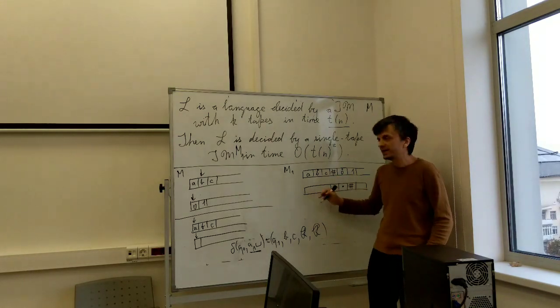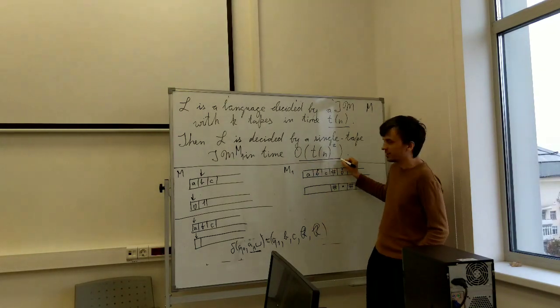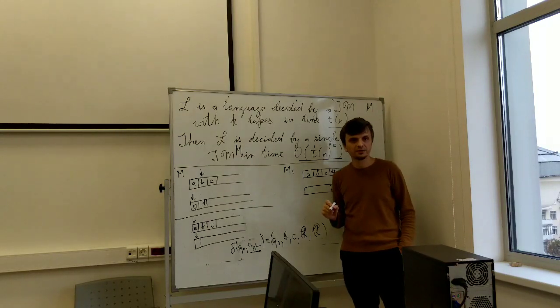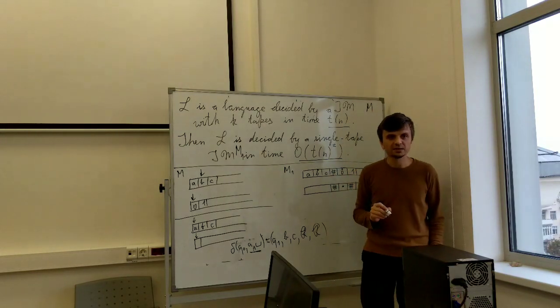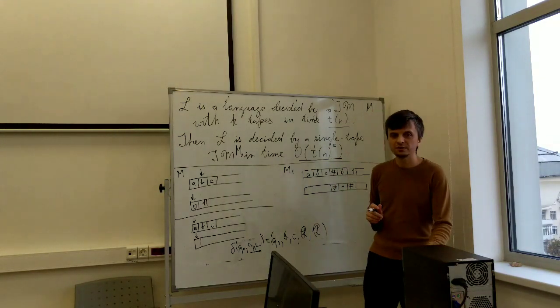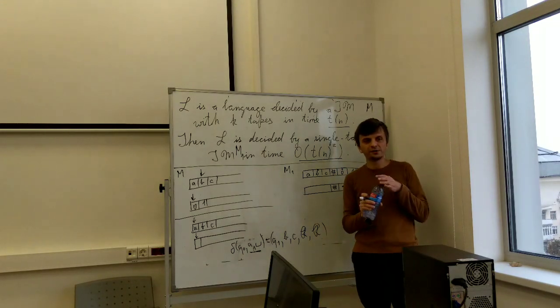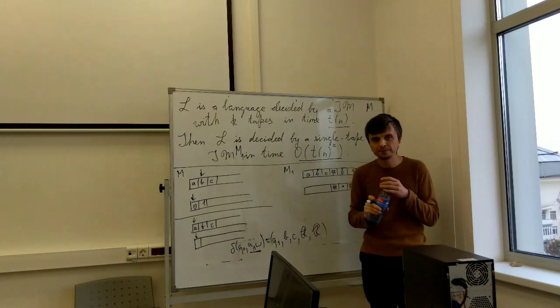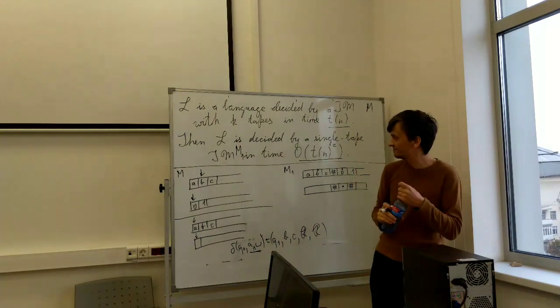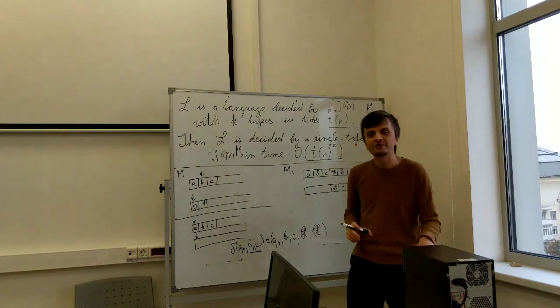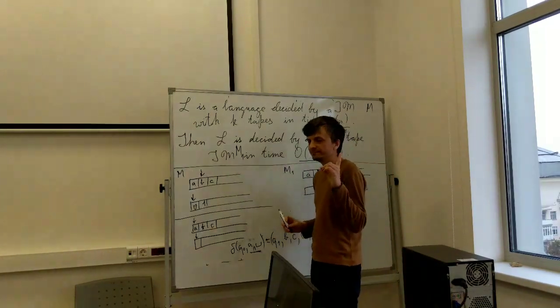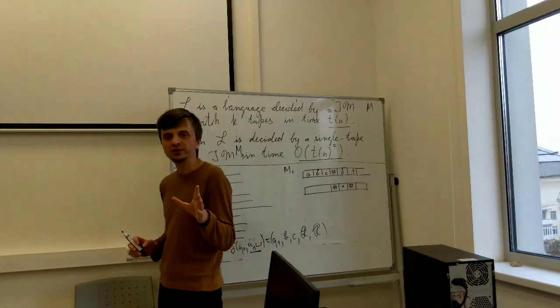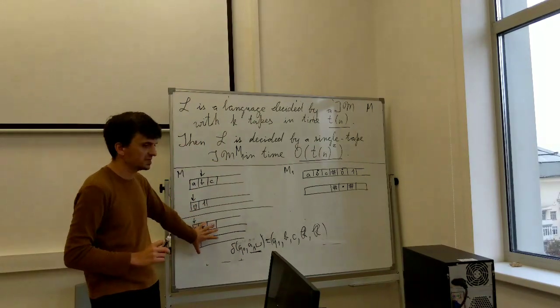Right, so this is the simulation. Why does it run in time T of n squared? Can somebody explain? Actually, it seems that it won't be. No, it will. First, how much time do we need to simulate a single step on this machine?